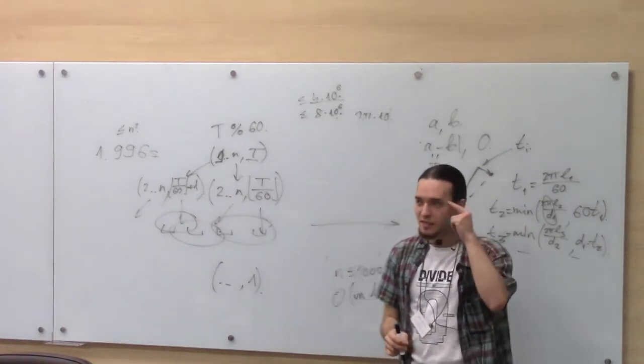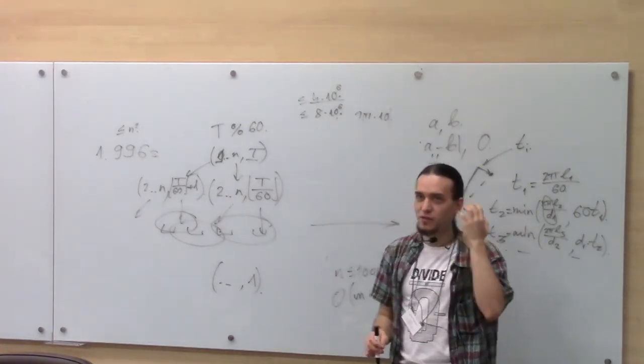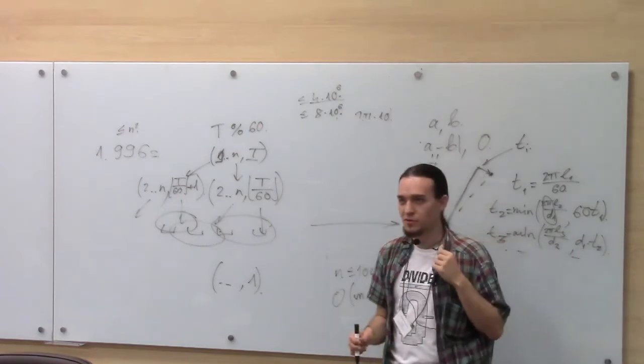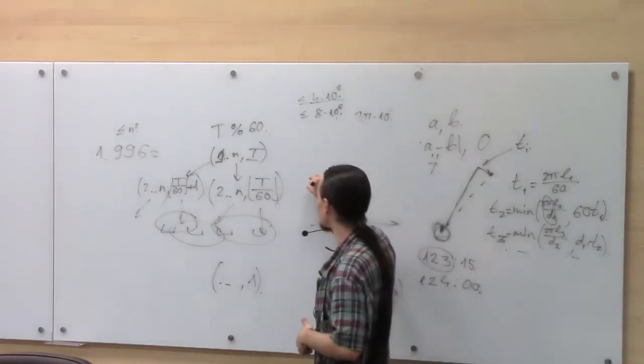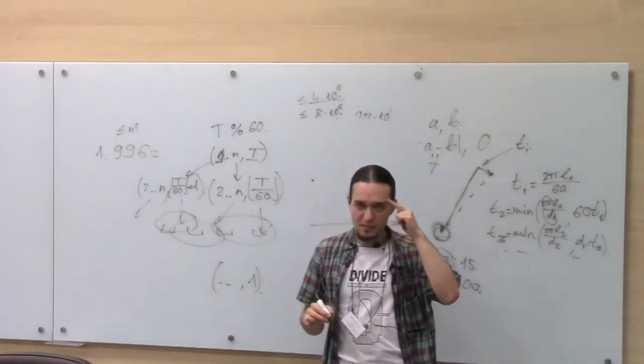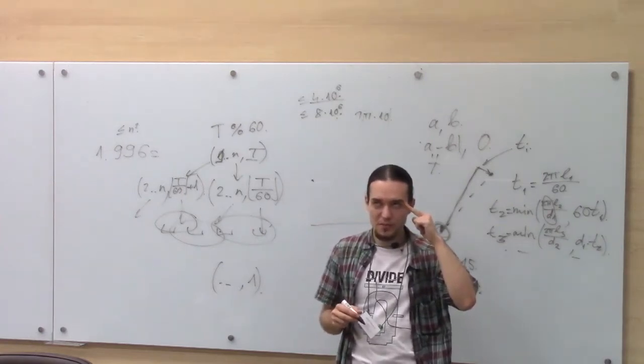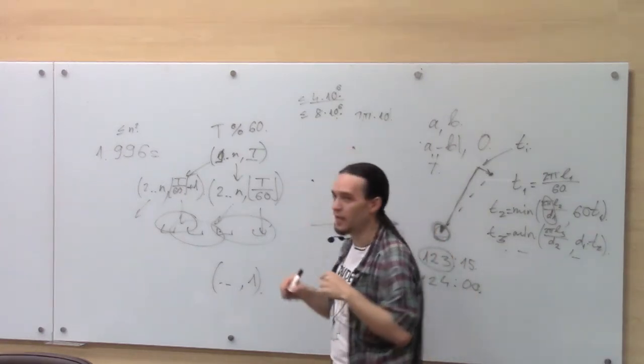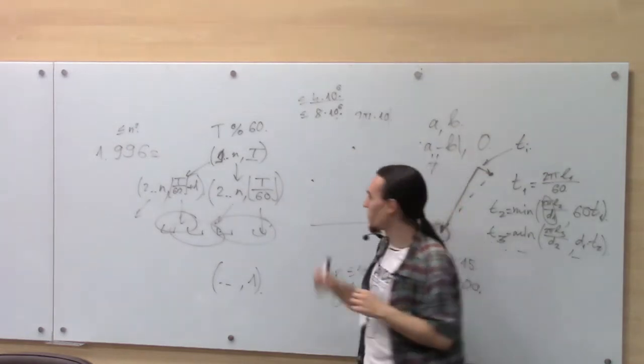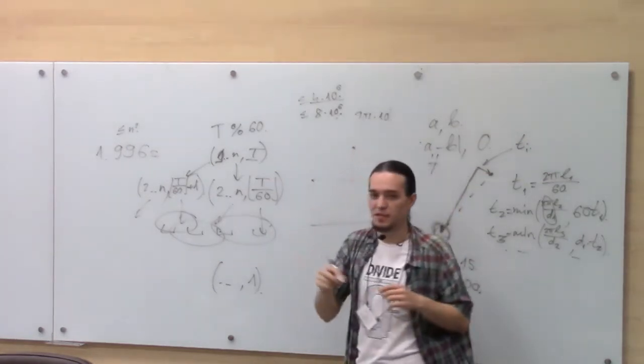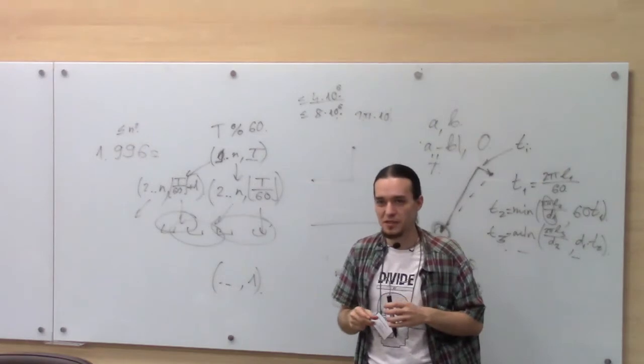But one idea that you could use to prove it is induction by the number of rectangles. So if we have no rectangles, then obviously our optimal path is like this, and it's monotonous in both coordinates.